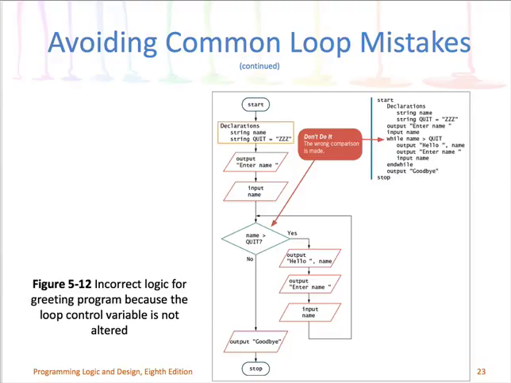So if you had a name that started with R, then it's going to consider that possibly greater than quit and go through and execute the loop. But if you had somebody's name that started with A, then that would not be greater than quit and it would terminate. So basically the wrong comparison is being made.